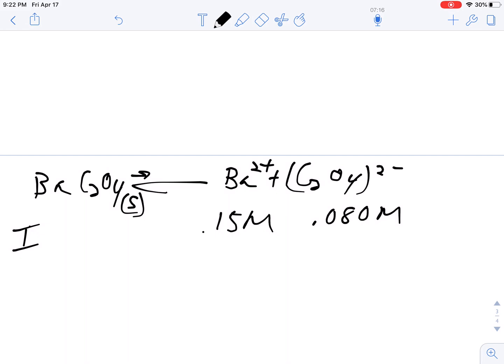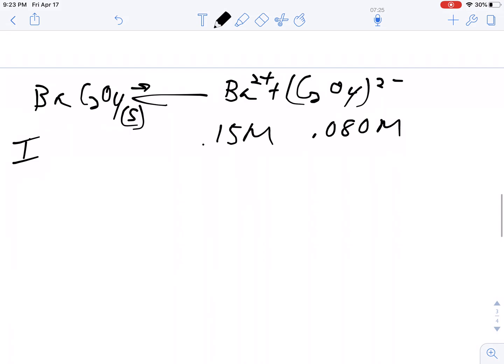What we need to know is whether or not Q is greater than KSP. Looking at these concentrations, they look fairly big to me. For something that's a solid, usually they only dissolve a little bit. So I am just going to guess that Q is greater than KSP.